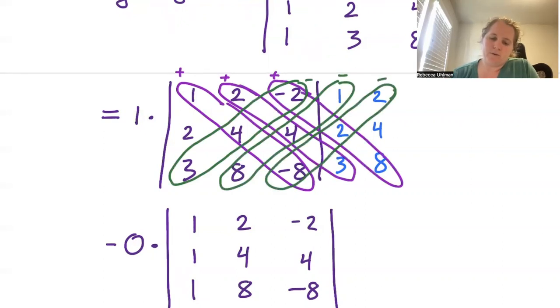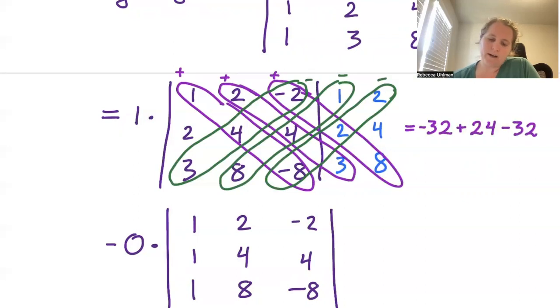So this first one we are looking at, we have 1 times 4 times negative 8 is negative 32. Then we will add 2 times 4 times 3, so we are looking at plus 24. Then we will add negative 2 times 2 times 8, and we are looking at another minus 32.